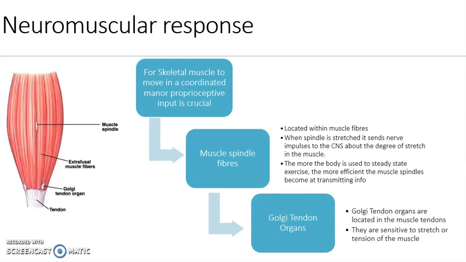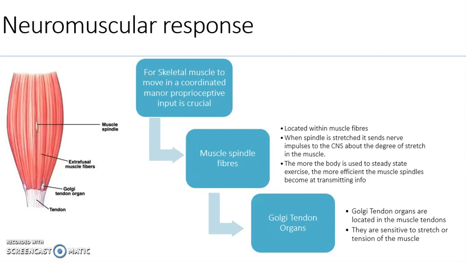Each muscle spindle is made up of 3 to 5 specialized muscle cells known as intrafusal cells. These cells, which are bundled together by a layer of connective tissue, lie alongside the rest of the skeletal muscle fibers. So when intrafusal cells detect a change in your muscle length, they send an impulse to the central nervous system about the degree of stretch in the muscle.